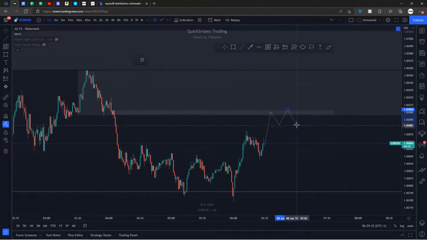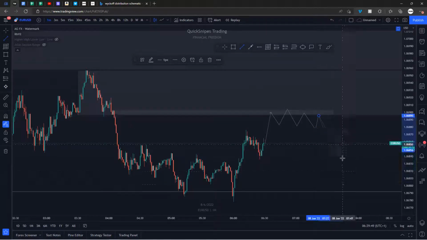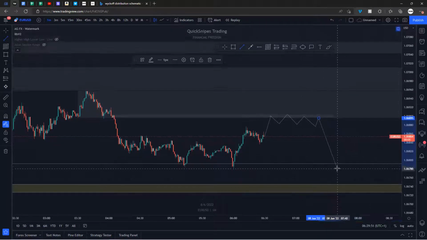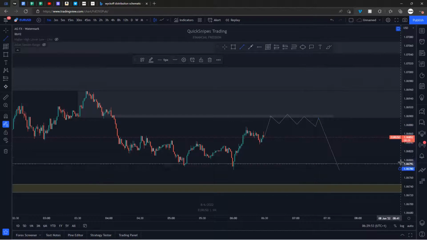I want to see a change of character, then potentially a break of structure, then an entry right down, and then we can take it right down to this low, because that would be what the market maker would be targeting.